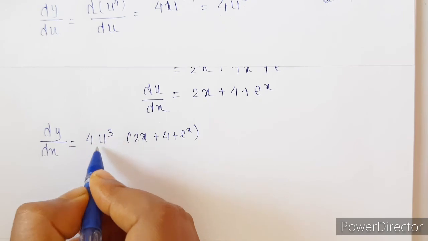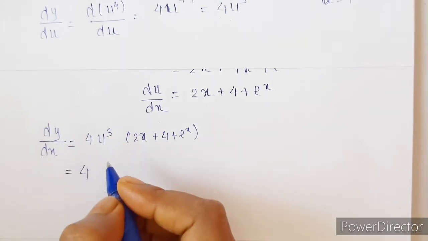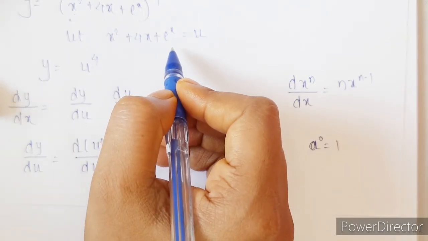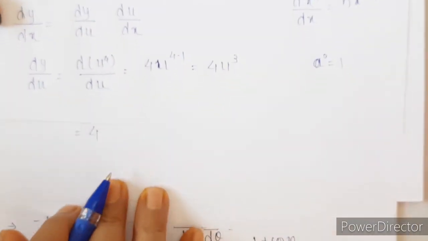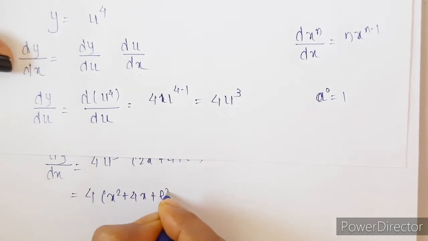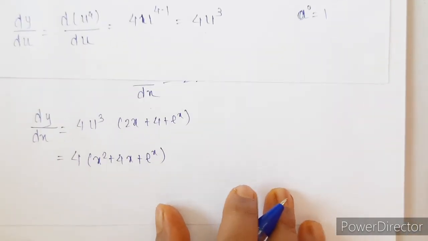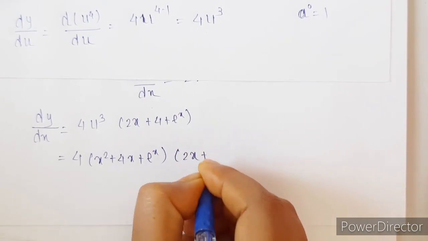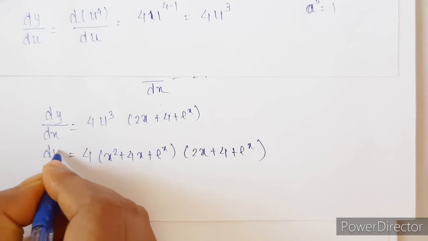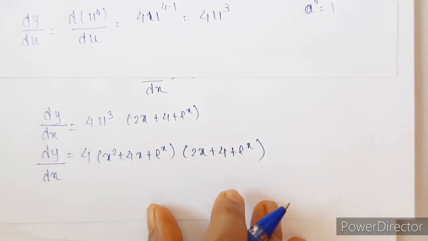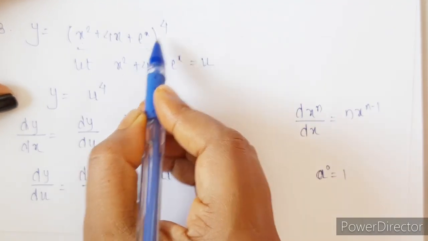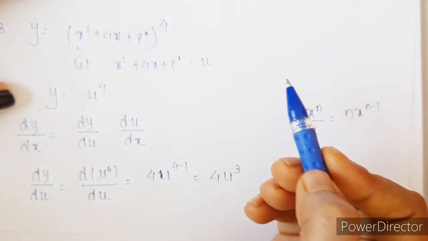Again we have to substitute back the value of u. U is x square plus 4x plus e raised to power x. So substitute this back. So it is 4 times x square plus 4x plus e raised to power x, all cubed, multiplied by 2x plus 4 plus e raised to power x. So this is derivative of a function y with respect to x when y is given as x square plus 4x plus e raised to power x, all raised to power 4.